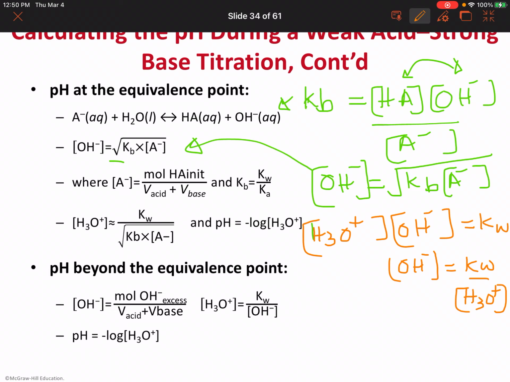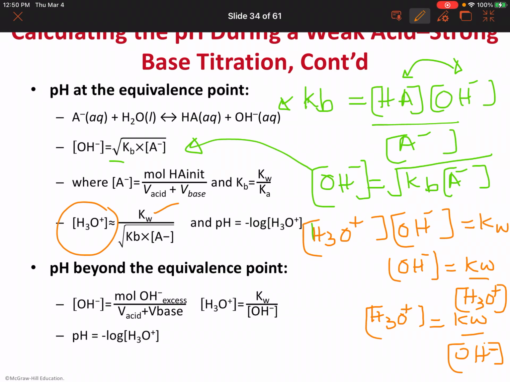And in other words, H3O plus equals Kw over hydroxide ions, both ways, right? So hydronium ions equal Kw over hydroxide.